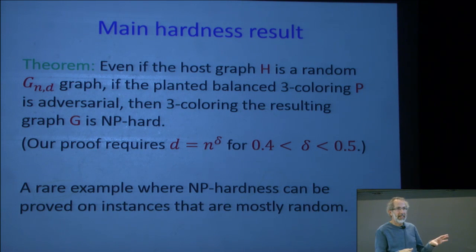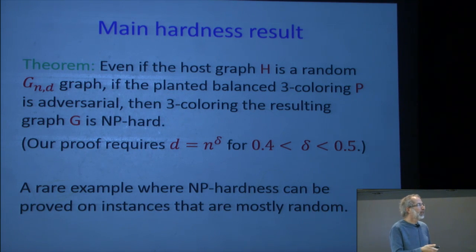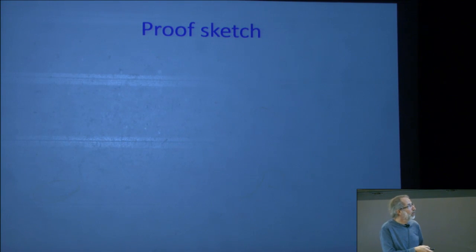Usually in models that involve randomness, sometimes we say that we think the problem is difficult because otherwise we could have an algorithm for some other problem like planted clique, which is also defined with randomness in it. So here we have a worst-case hardness proof. Yeah, so here's a sketch of how we can prove such a thing. I'll not give all the details, but just the main idea.